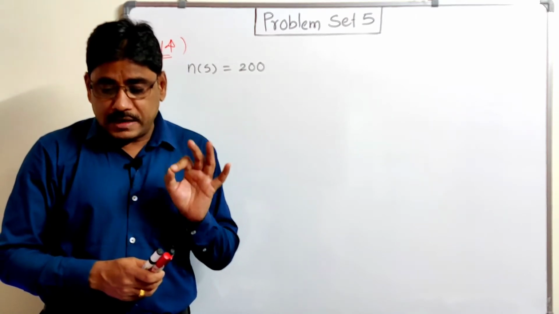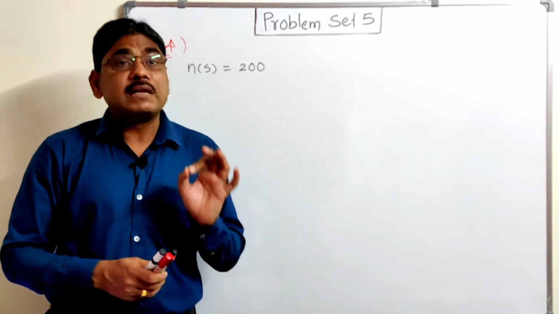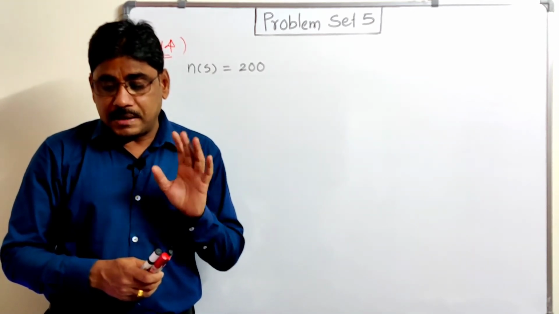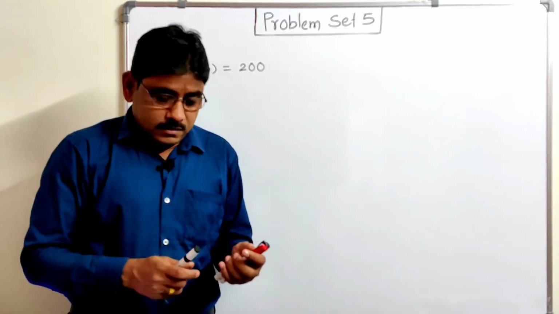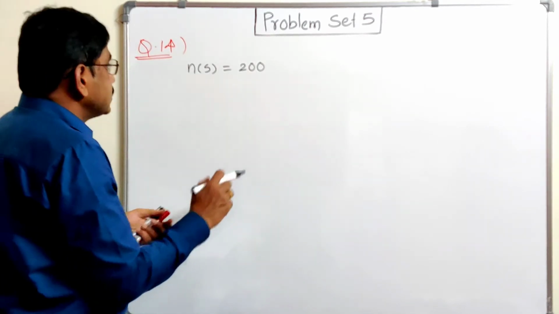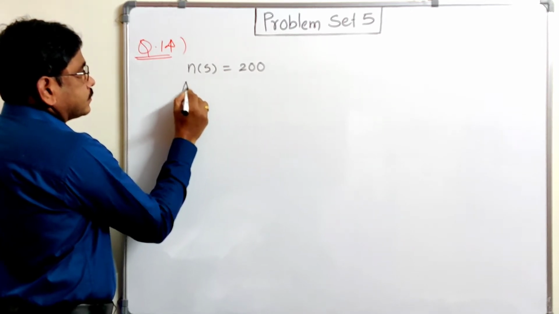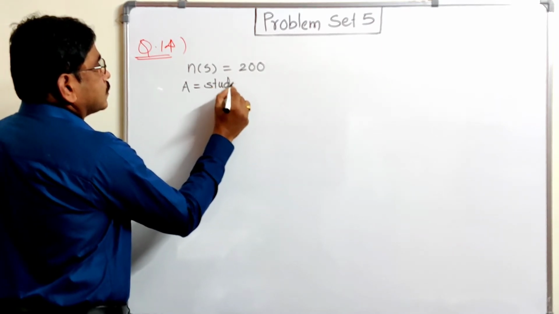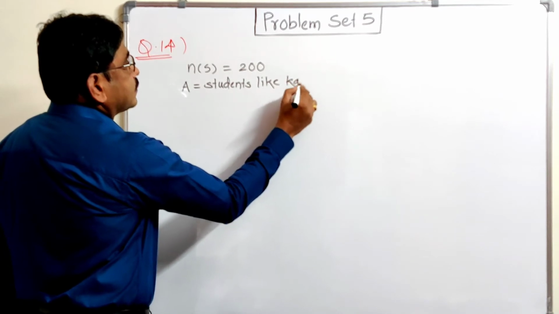If one student is selected at random from all the students, find the probability that the student selected doesn't like kabaddi. So here let the event A be the students who like kabaddi.